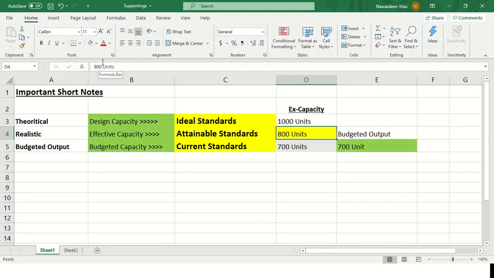That means practically we can produce this much. But our budgeted requirement is only 700 units. Now you can see, practicable capacity is 800, but we are only producing 700 units, which means there will be some unused capacity.